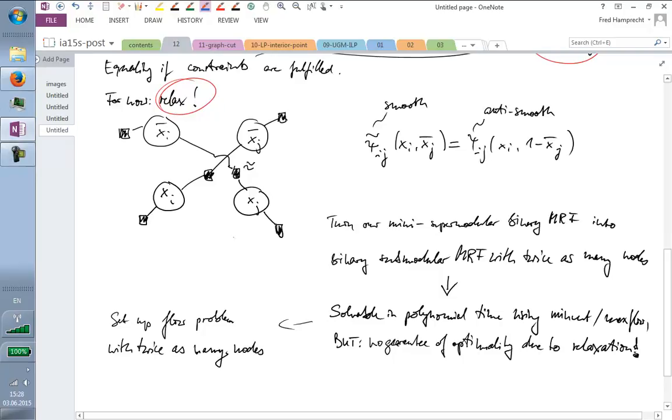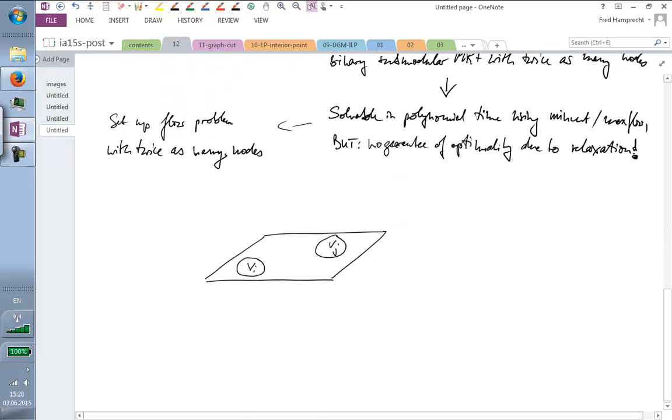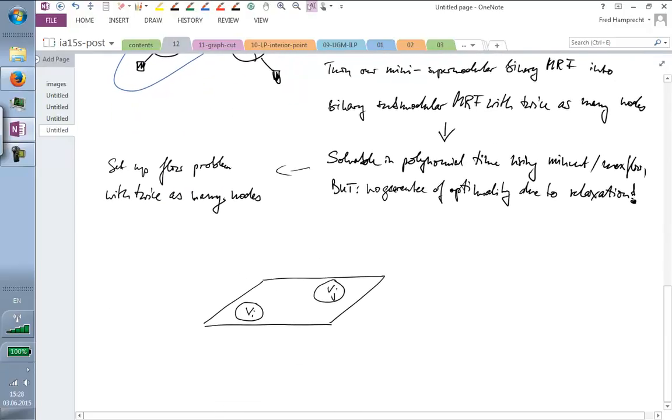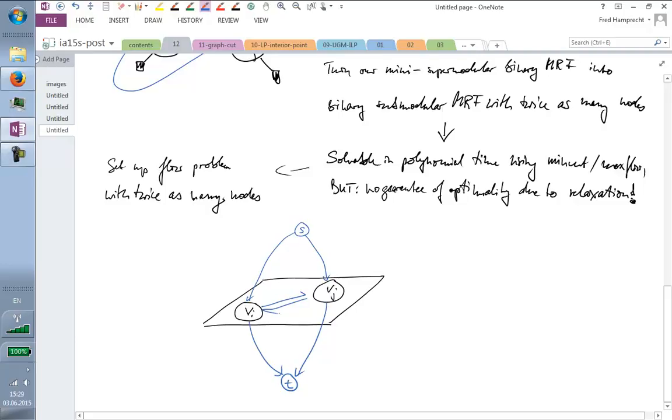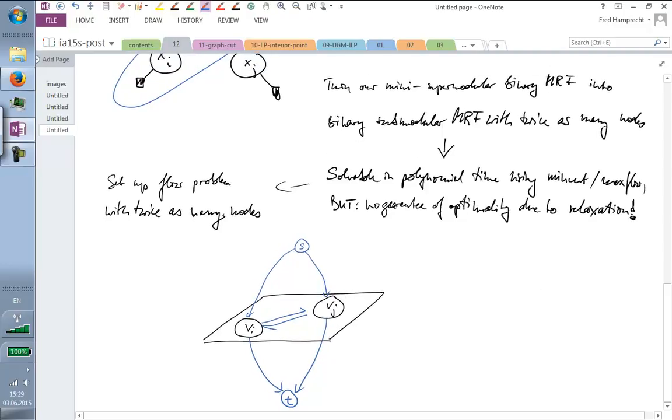I have two disjoint graphical models here. And now let's start with the first one. I'm introducing a source and a sink, and it's a standard construction. This would be the flow graph that I can use to solve this graph representable problem. And this should be Vj bar here, excuse me.